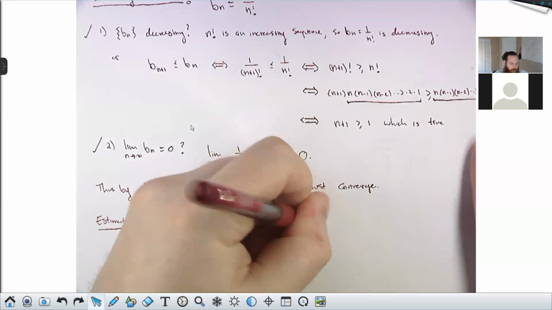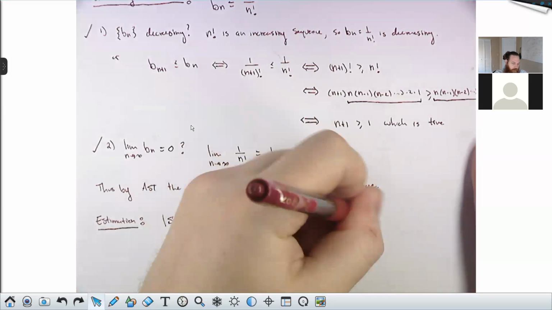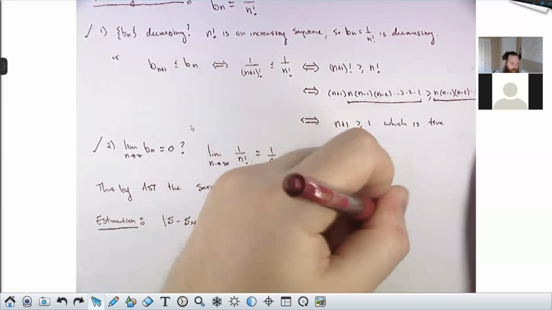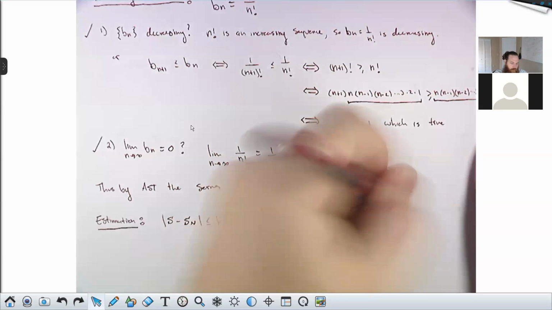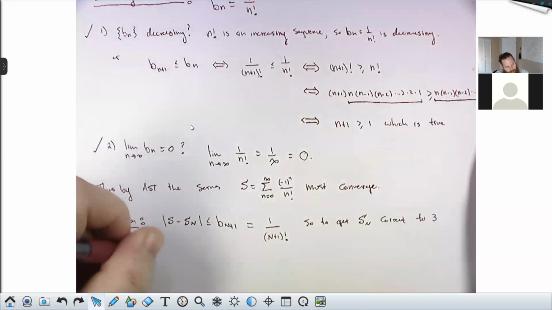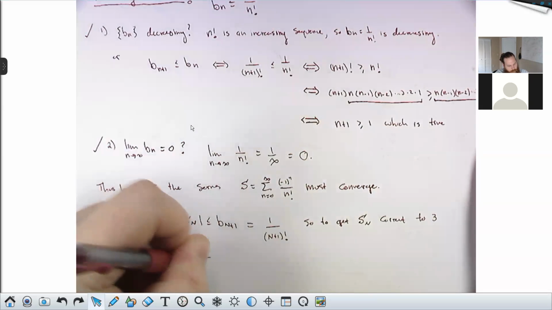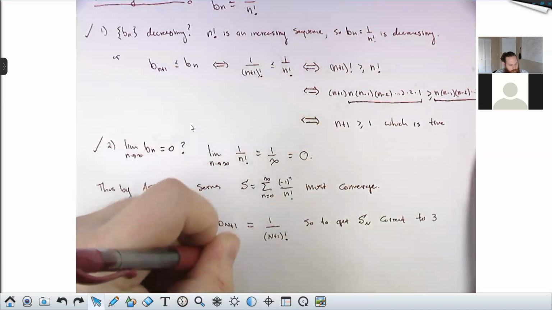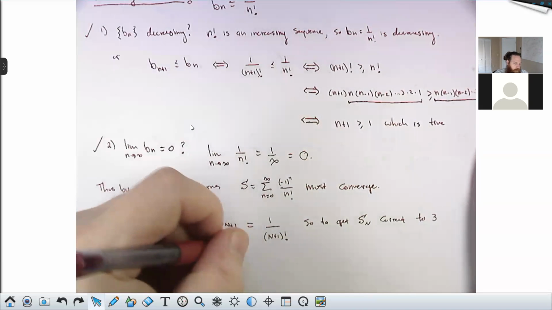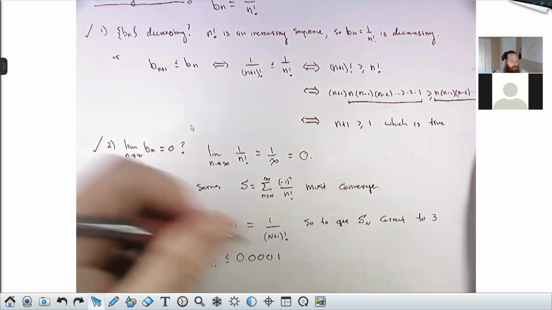So to get Sn correct to 3 decimals, we want 1 over capital N plus 1 factorial to be smaller than 0.0001.